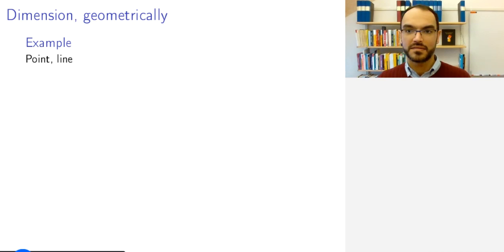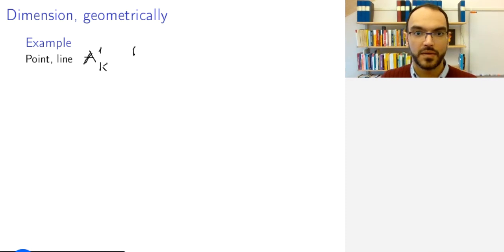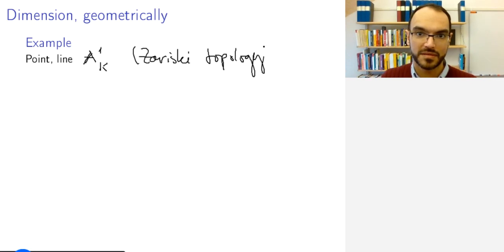Let's look now at the line with the Zariski topology. So we're looking at the line A1K with the Zariski topology. So pause and think what you think the dimension should be. Well, the smallest possible size of a subspace is a subspace of 1 point.